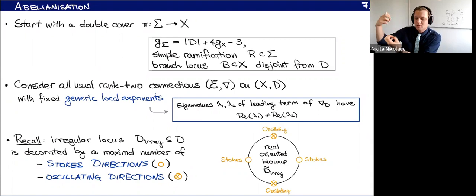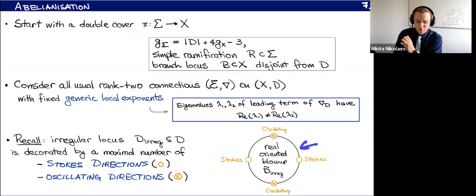And so if you look at the ratio of these two sections, the difference in growth rate between these two flat sections, if you parallel transport that into the irregular locus in the direction of a Stokes direction, that means the discrepancy, the difference in how much faster one of the sections grows than the other, happens to the maximal extent.